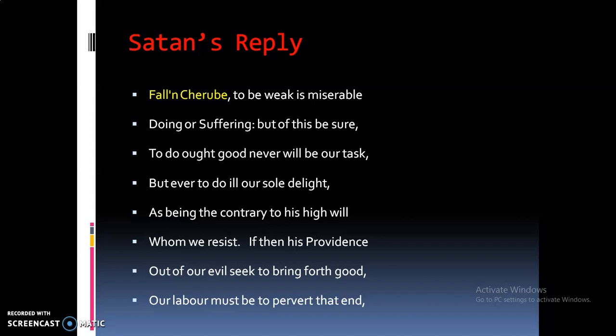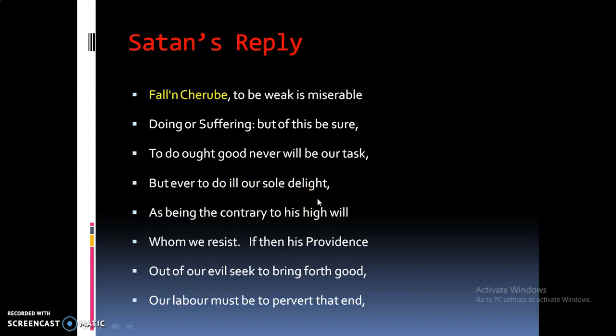Satan replies to the fallen cherubim, that is angels: "To be weak is miserable, doing or suffering, but of this be sure, to do aught good never will be our task, but ever to do ill our sole delight."